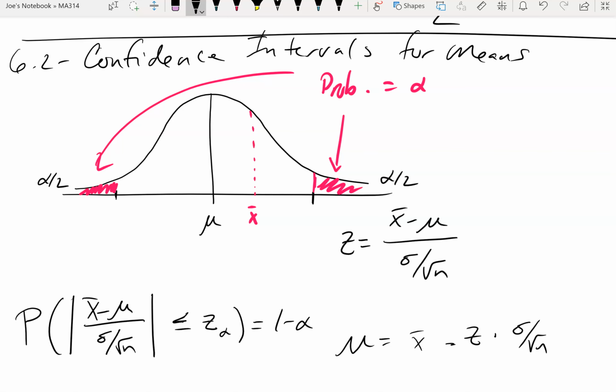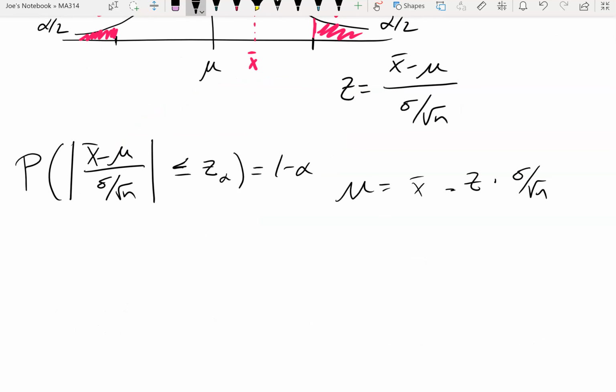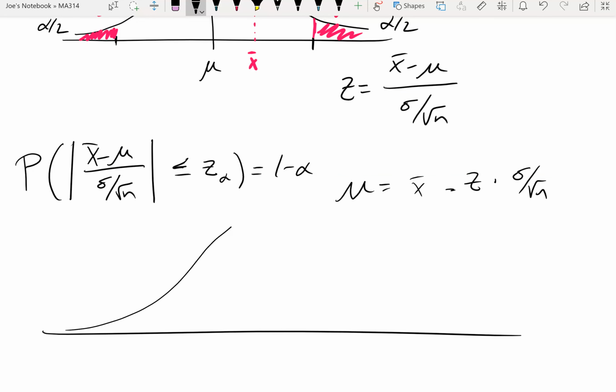So the idea is, if we assume we have a normal distribution, then we already know how to calculate probabilities associated with individual points. Let's say I have actual honest to goodness numbers. I'm not going to worry about mu right now. I'm just going to make it 0.